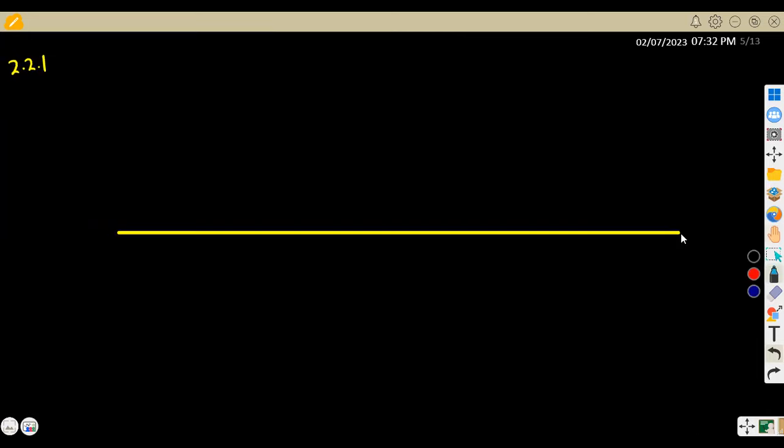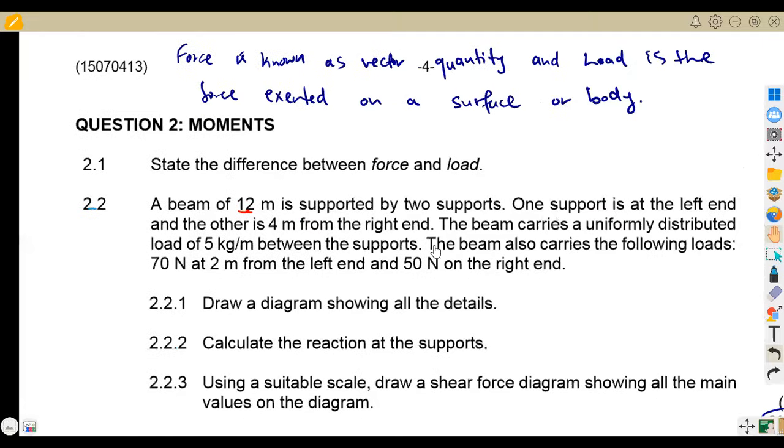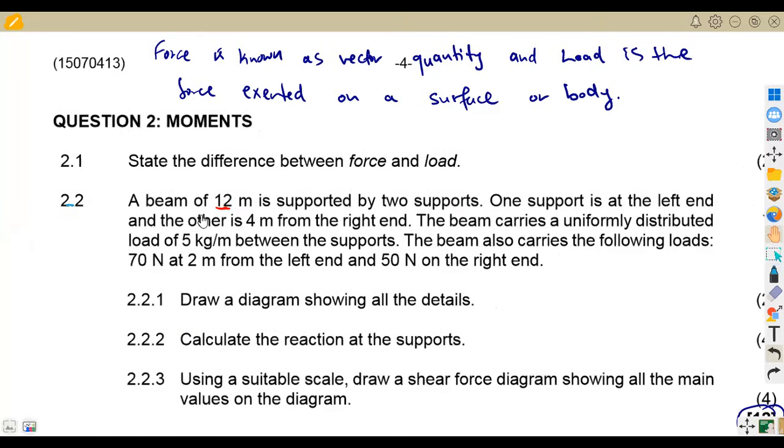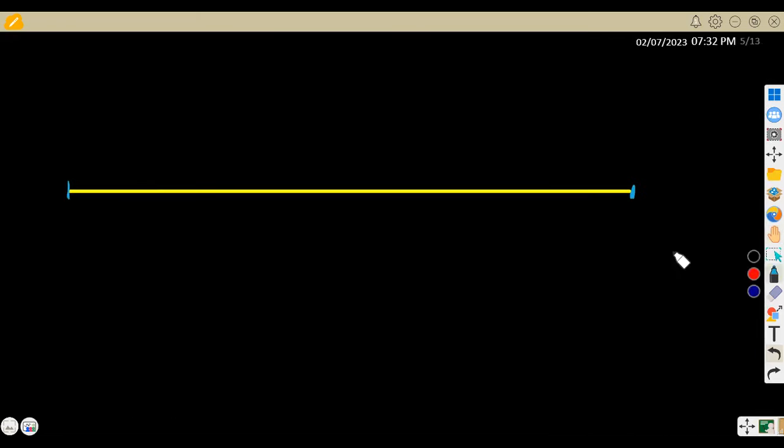So if we indicate from this point to this point, the distance in between is 12 meters. Then we are given that one support is at the left end and the other 4 meters from the right end.